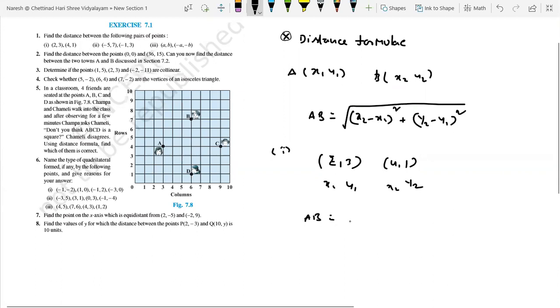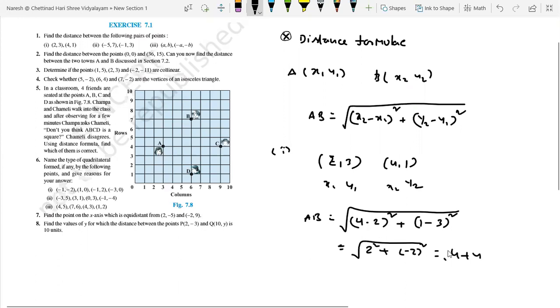So AB is equal to root of 4 minus 2 whole square plus 1 minus 3 whole square. 4 minus 2 is 2 square plus minus 2 whole square, 4 plus 4, this is root 8, 2 root 2. So like this, calculate the values. Remaining two questions, try, Sandhya and Niranjan. Yes, sir.